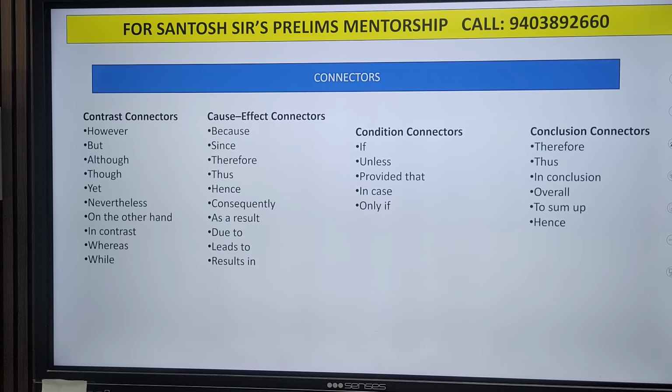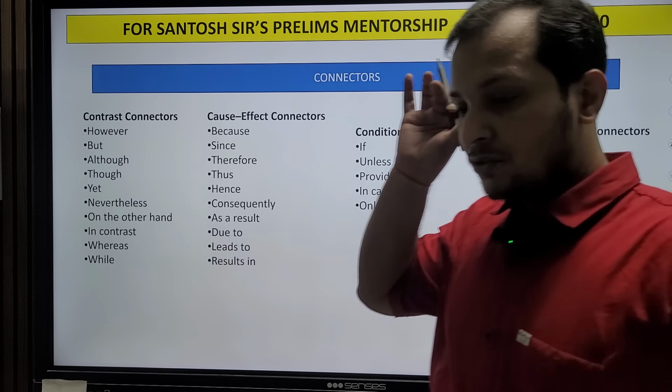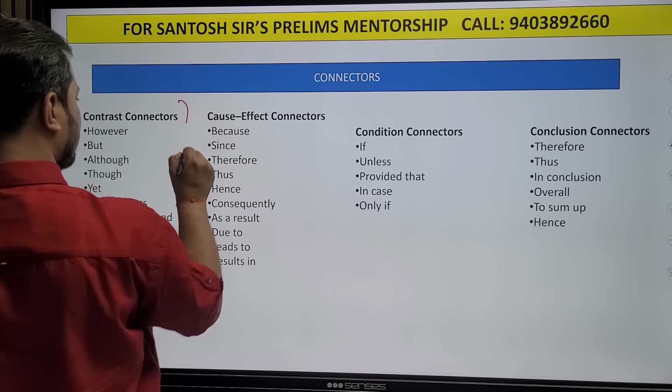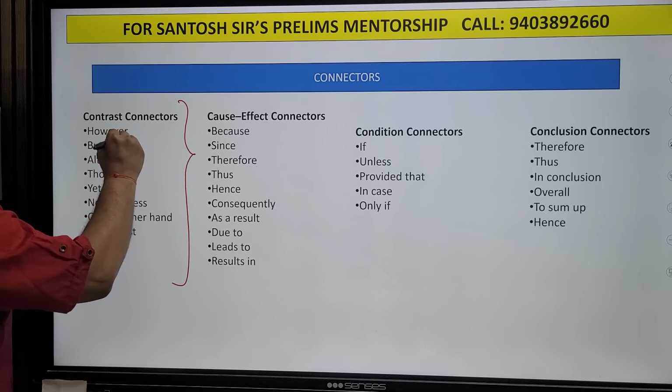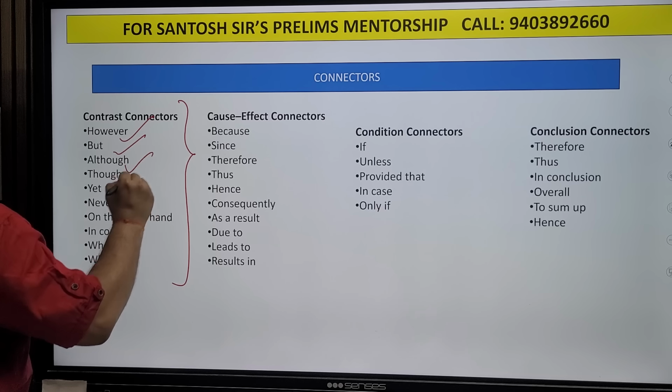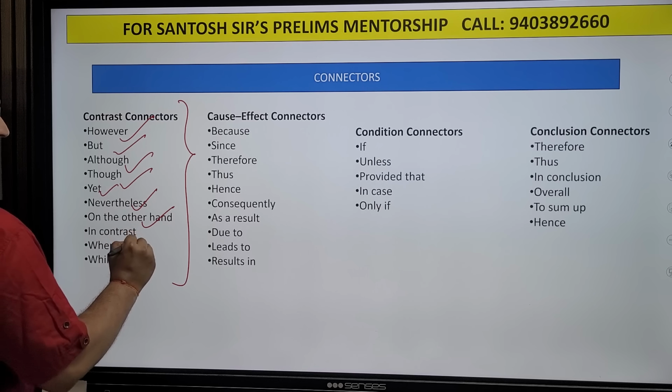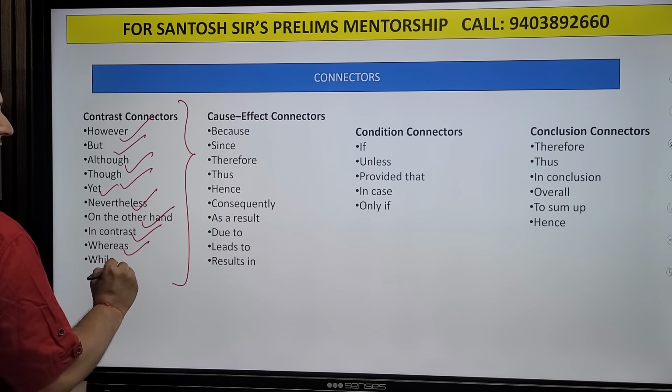Okay, so I was telling you that I am going to give you connectors. So guys, in passages, how to read quickly? When you read the passages, you have to look for these keywords: however, but, although, though, yet, nevertheless, on the other hand, in contrast, whereas, while.